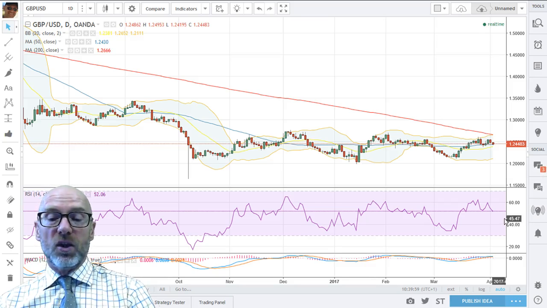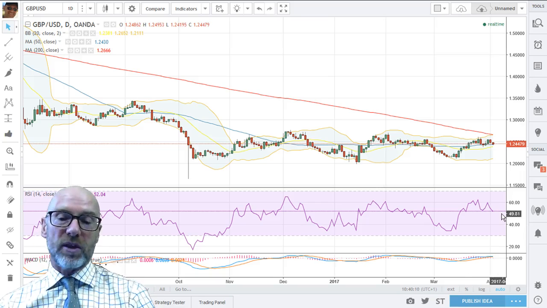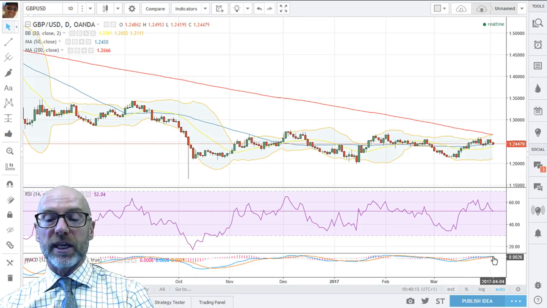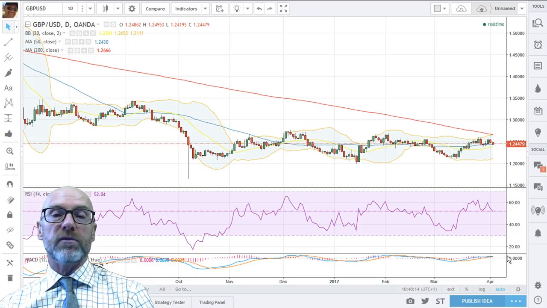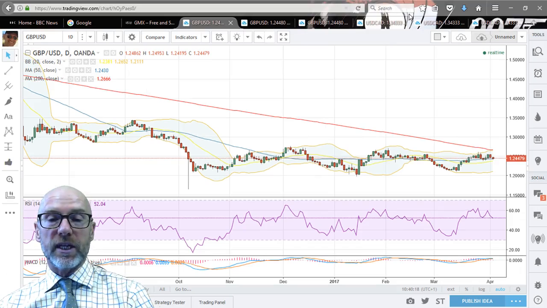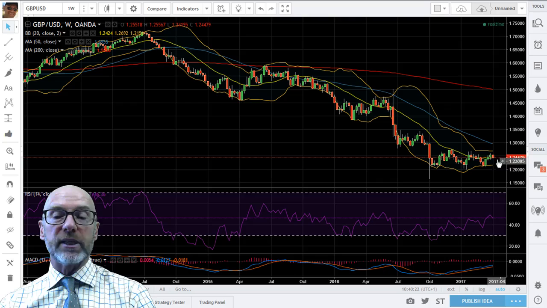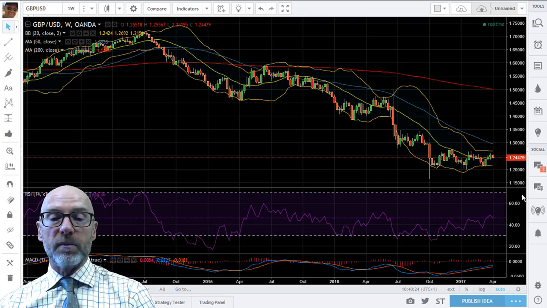RSI is not really giving us any indication of momentum either upside or downside, virtually neutral, trading at 52.04, slight downtrend. MACD looks like it could be rolling, but wait for confirmation on that. Again, slightly negative.